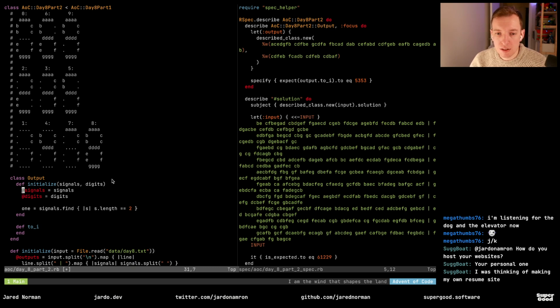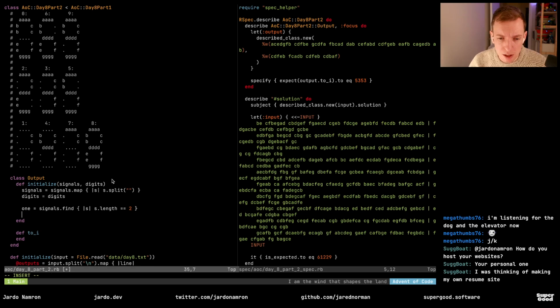I'm going to split the signals. Map them into just arrays of strings because it's easier to figure this one out this way. I don't really know how the string operations do this, but let's go with what we know here.